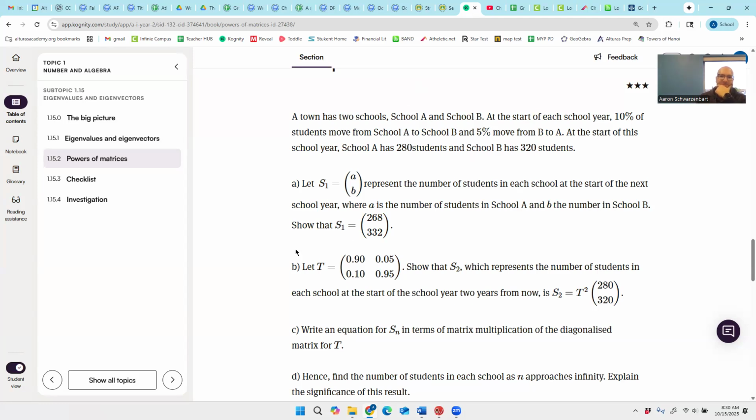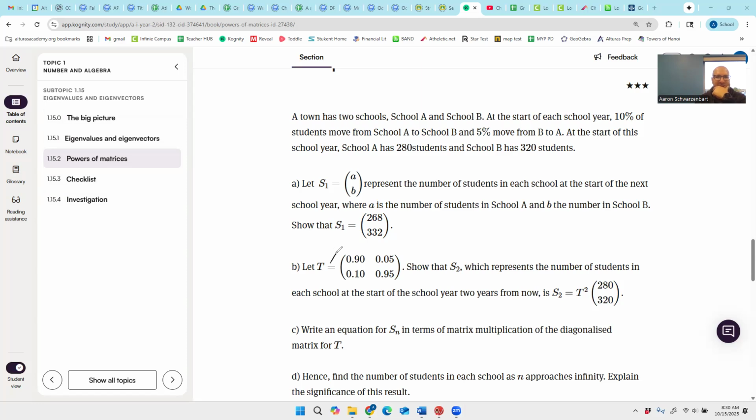So we get this thing that we call a transition matrix. This is school A. Start of the year, 10% of students move from school A to school B. This is what I need.